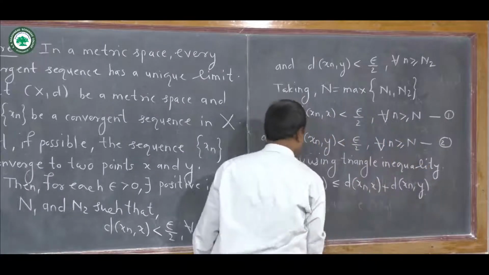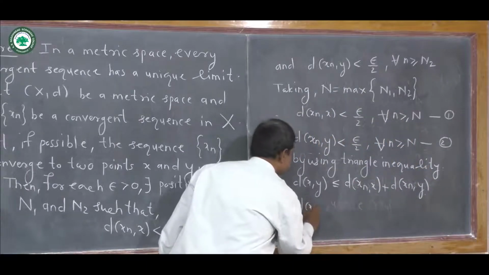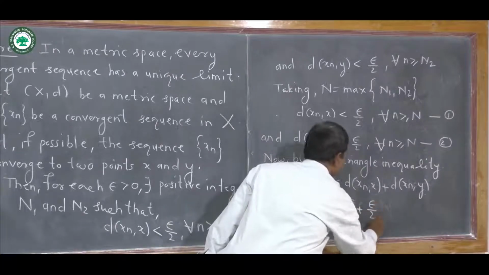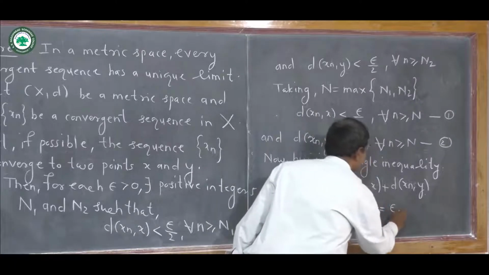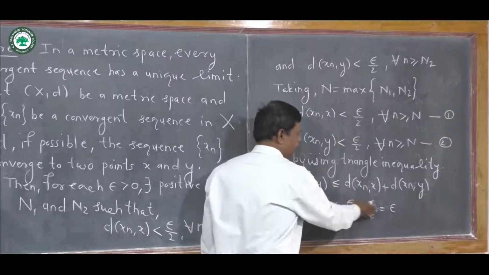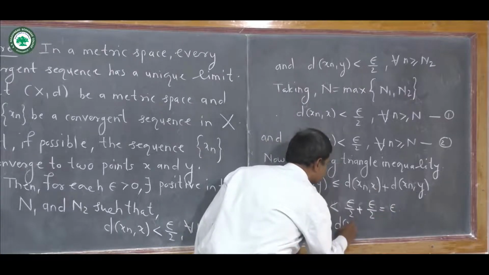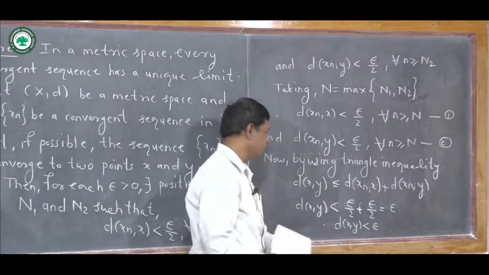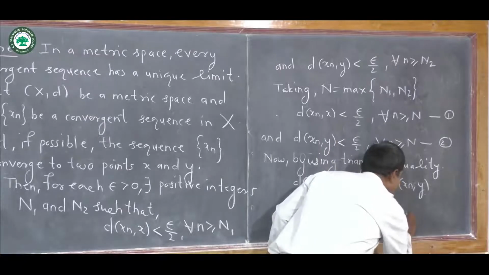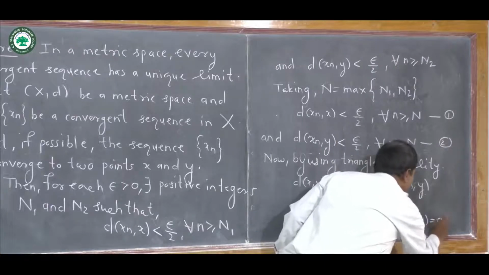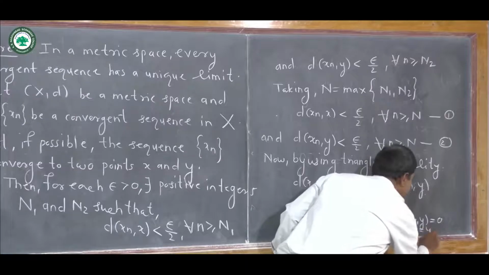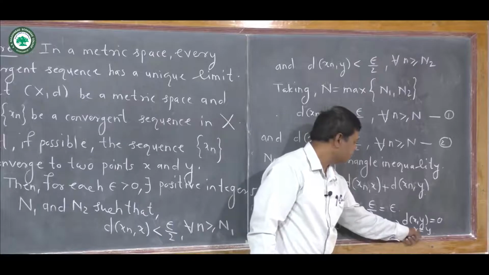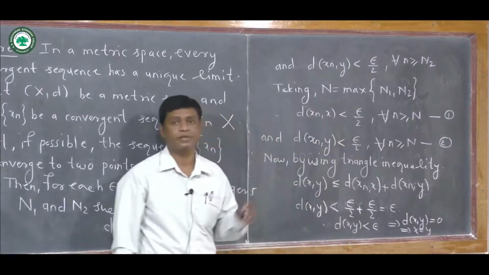Now using 1 and 2, the distance between x and y is less than epsilon by 2 plus epsilon by 2, which is epsilon. But epsilon is arbitrary, epsilon is very small, so this implies the distance between x and y is equal to 0, so we get x is equal to y.